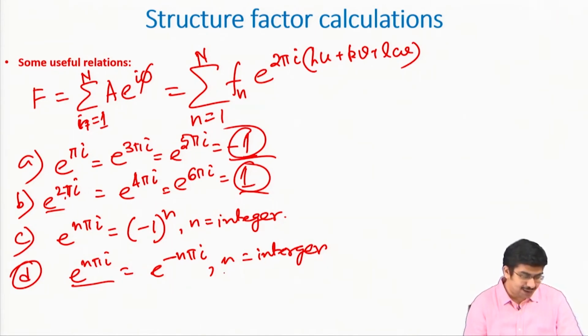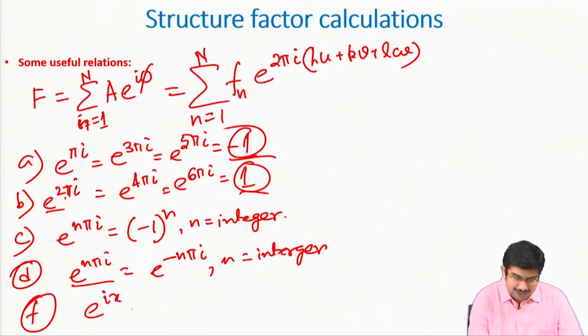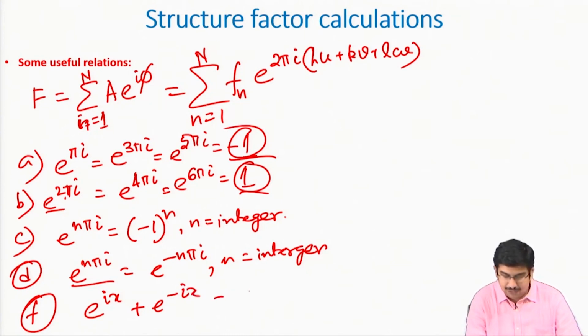That is another very important relationship, and the final relationship that will be useful for us is e to the i x plus e to the minus i x equals 2 cos x. This is basically the way e is explained.